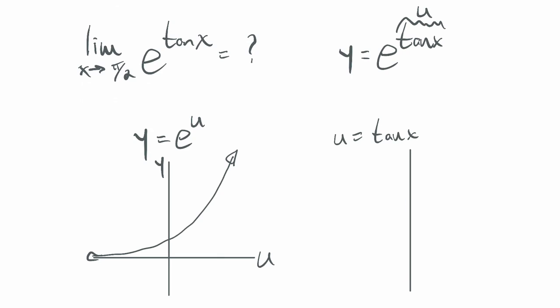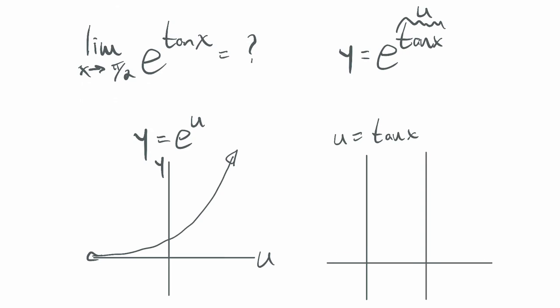So now, let's do it like this. I'm going to center my graph in the most useful way possible. And the scale on these 2 graphs is not the same. So I'm not going to worry about labeling with numbers or anything. So tangent has an asymptote at pi over 2. So that vertical line there is at pi over 2.